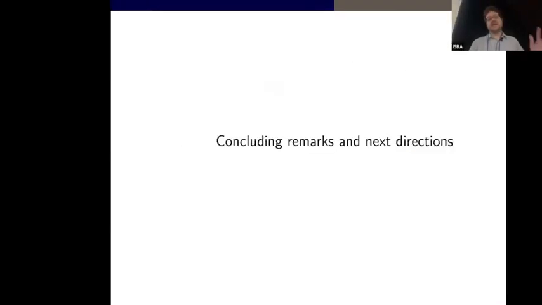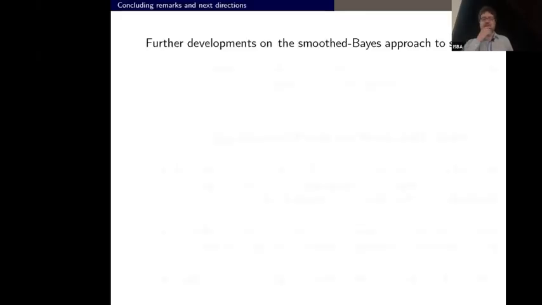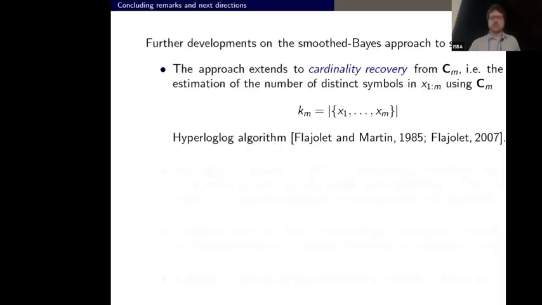Okay, some concluding remarks and some directions. What I didn't present, and I said at the beginning, is that if we are able to solve this frequency recovery problem, we can easily move to other problems. One important problem is cardinality recovery.